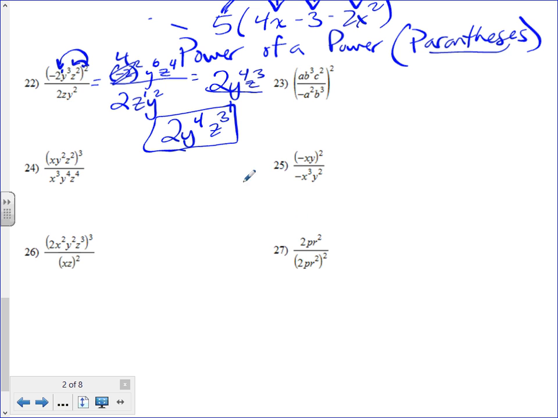Okay, one more. Number 27. You tell me how to do this one, starting with the coefficients. 2pr. Yeah, 2pr.